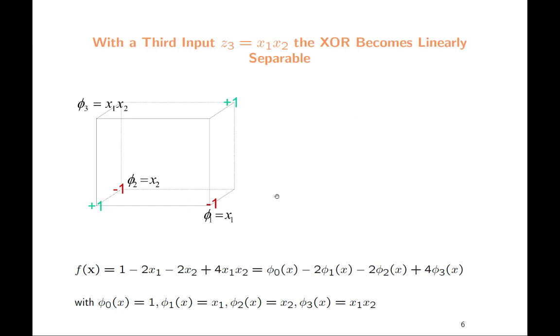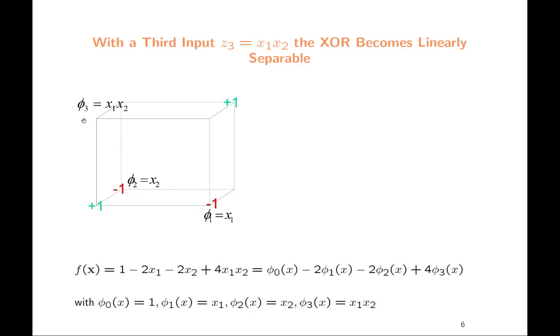And here is how it looks in 3 dimensions. Let's first look at 2 dimensions again, x1 and x2. If we ignore the third one, then this one pops down also in this plane, and we have our old XOR problem. In these 2 dimensions, it's not linearly separable.